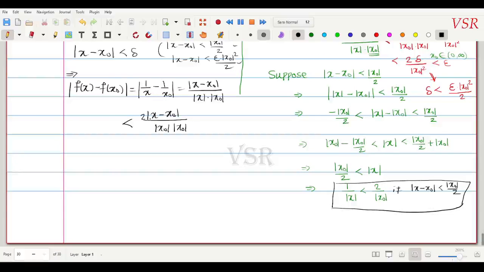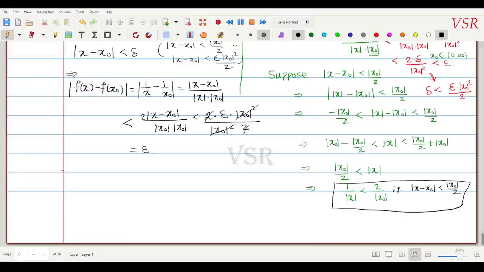And this is smaller than epsilon divided by, so 2 times epsilon into mod x naught the whole square divided by 2 into modulus of x naught the whole square. So this will get cancelled. So that is equal to epsilon.